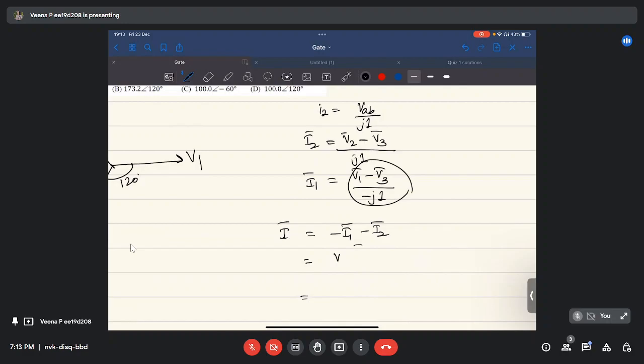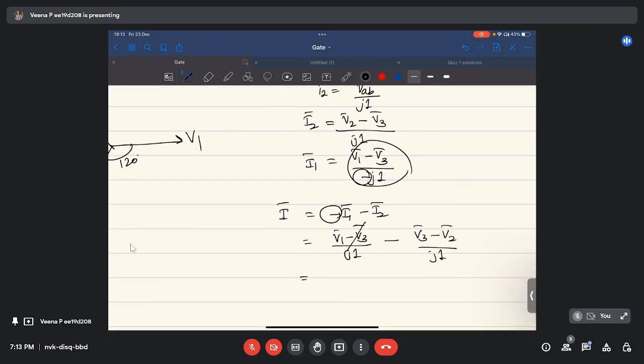Okay. Minus I1 is V1 minus V3 by j1, because the minus cancelled with this minus. Now I2 is V3 minus V2 by j1. So cancelling V3, oh, I made a mistake.